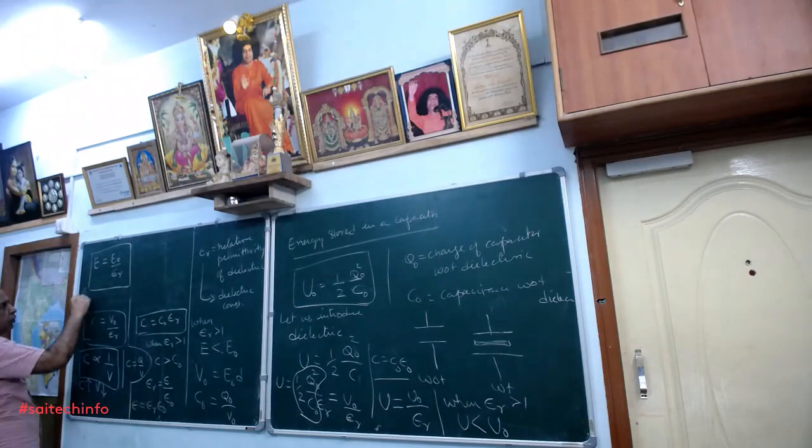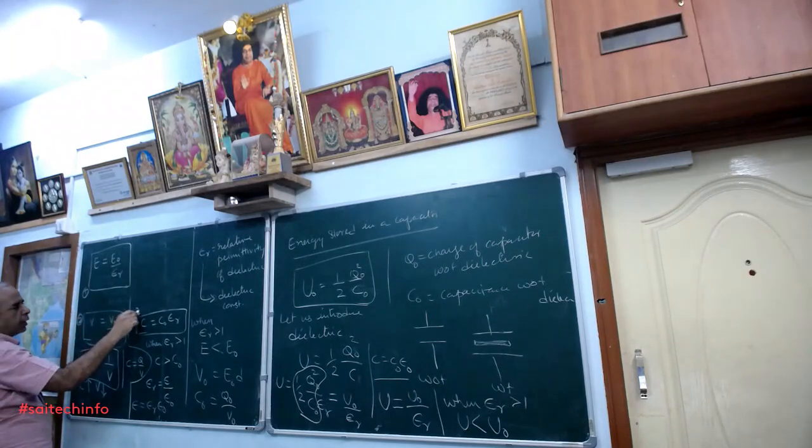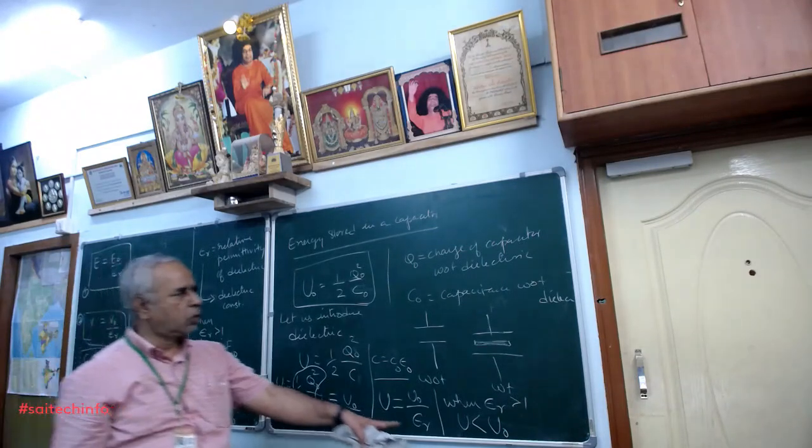So this is equation 1, this is equation 2, and capacitance is 3. And we have furthermore potential energy also. Are you able to follow?